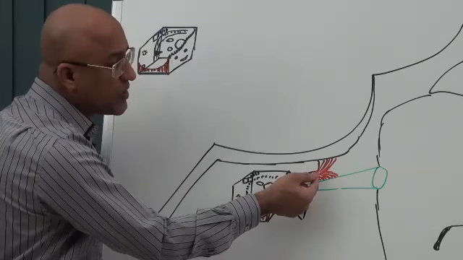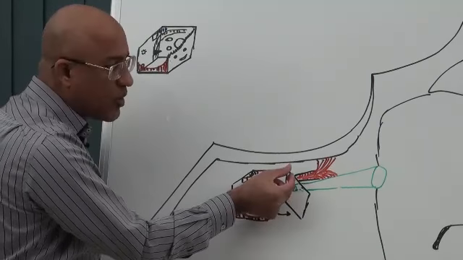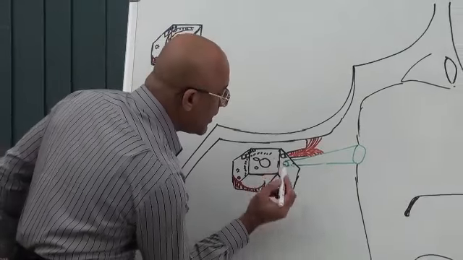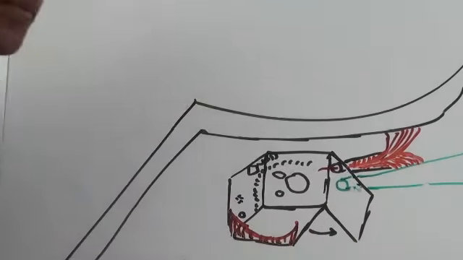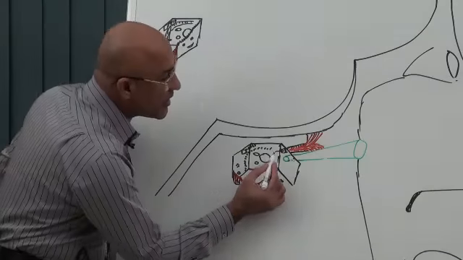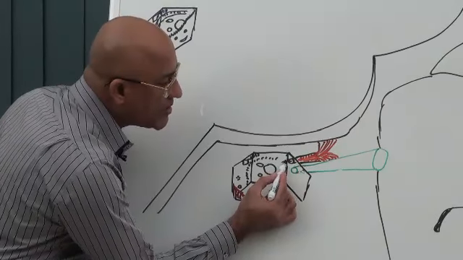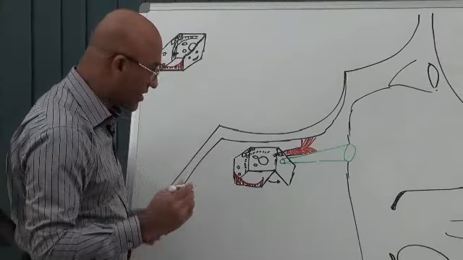And then if you follow this muscle posteriorly, it will eventually convert into a tendon, and that tendon will emerge from this canal into the cavity of the middle ear, and this tendon will move around a special type of process, and this process is called the cochleariform process, right?